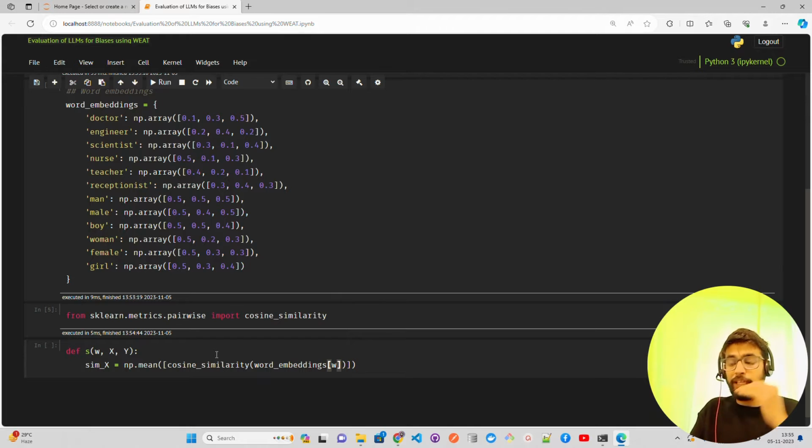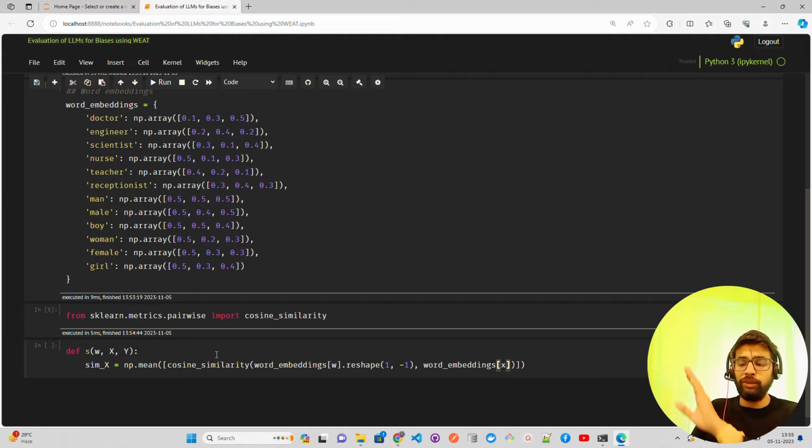Here w is each word that we're going to consider from the word embeddings, and let's reshape it, because we are using numpy here, with reshape of 1 comma minus 1, and then word embeddings of x.